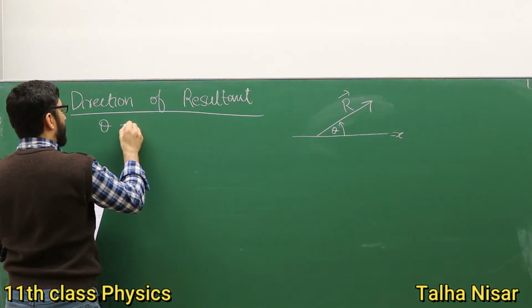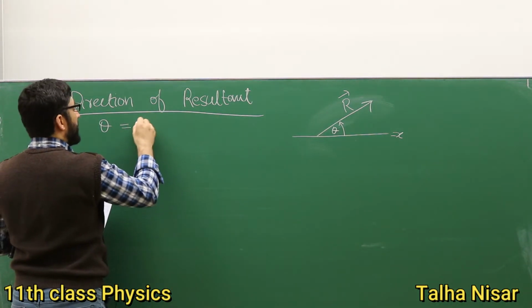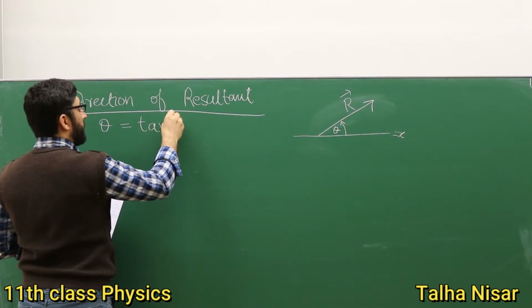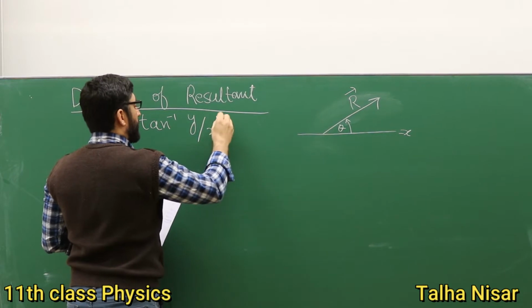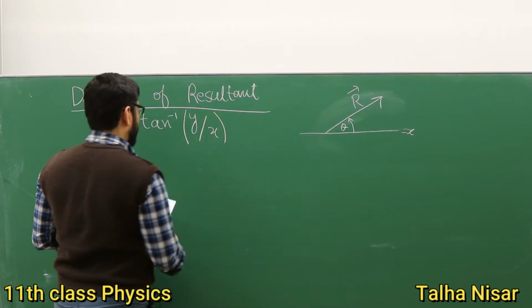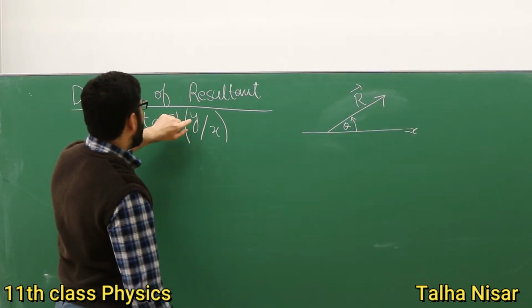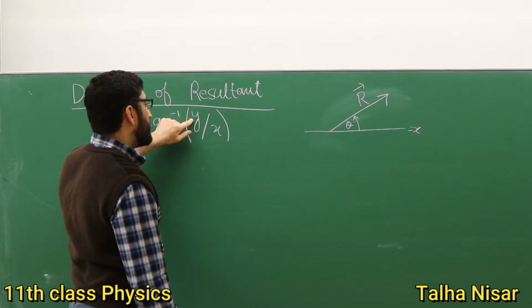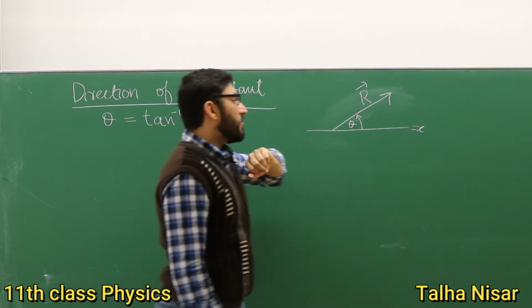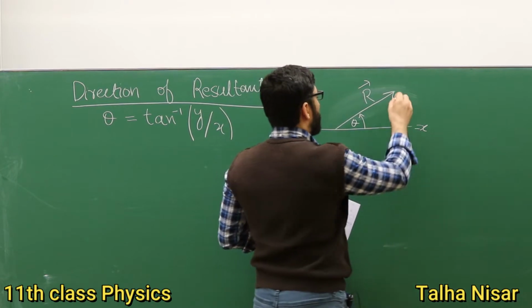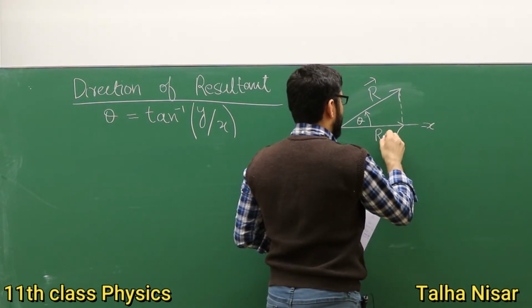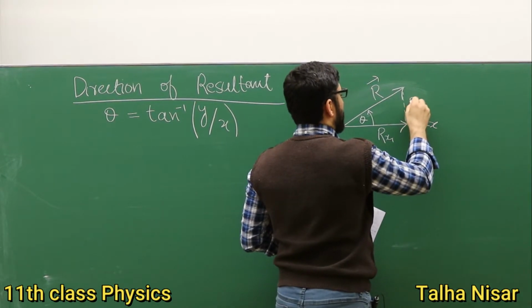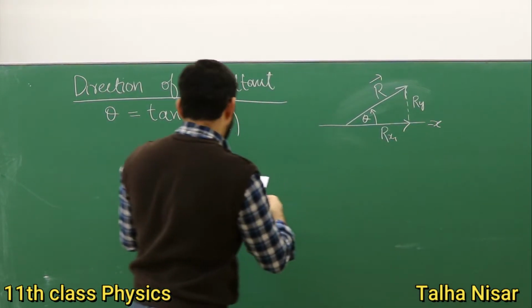So we have the formula that we already derived in our previous lecture. So this is y divided by x. For that we need the y component of the vector, and then we need the x component of the vector. So what we need is the Rx, and we need the Ry.